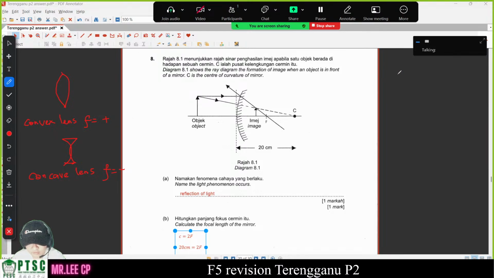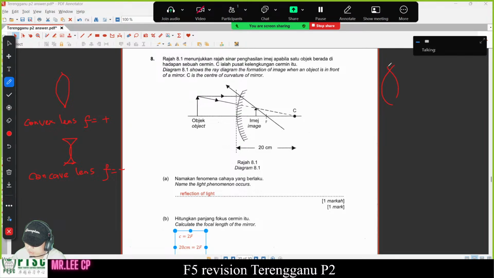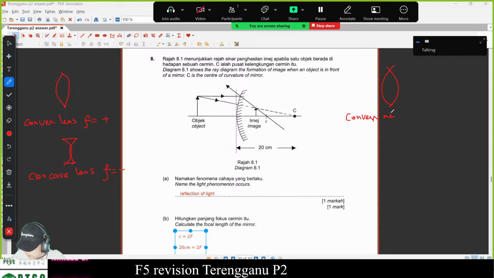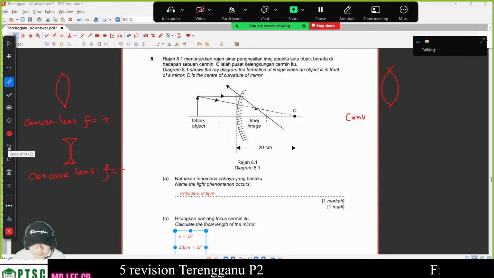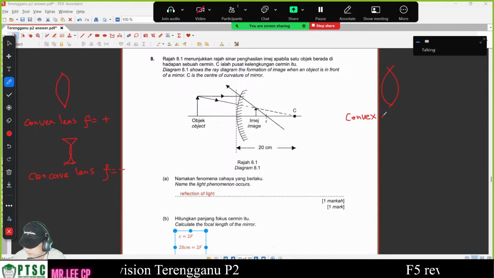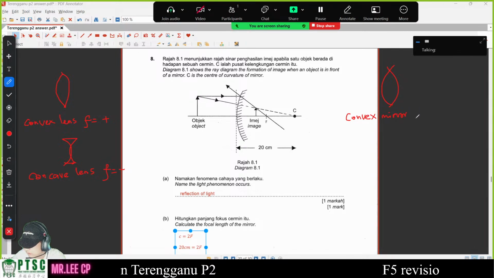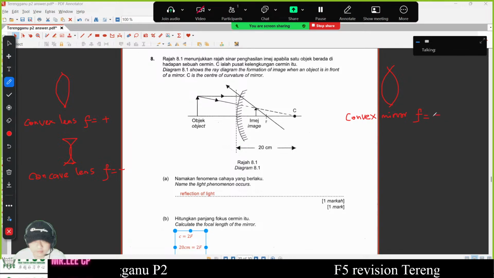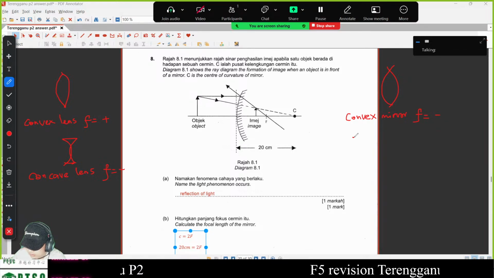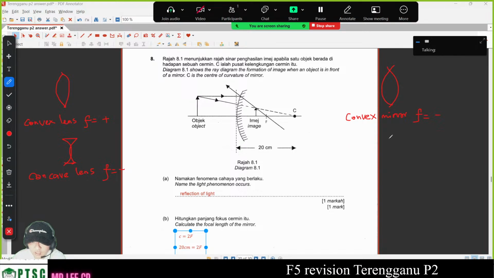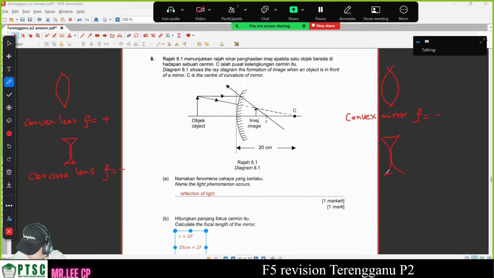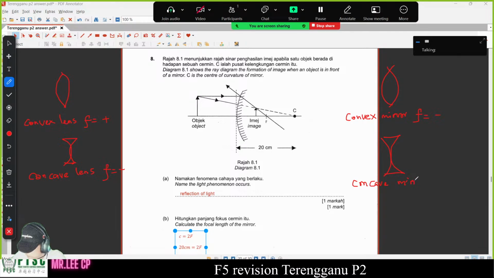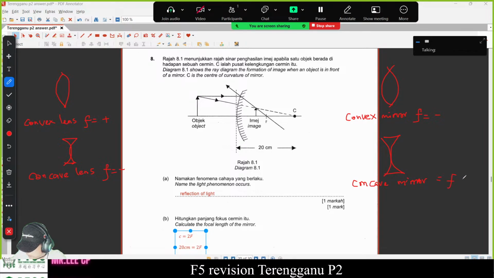The mirror will be the opposite. For a convex mirror, the focal length will be negative. For a concave mirror, the focal length will be positive.